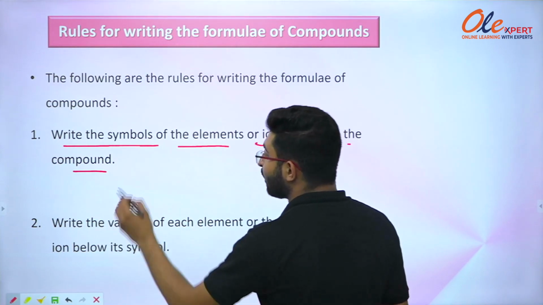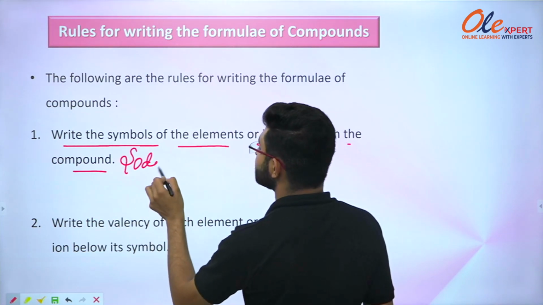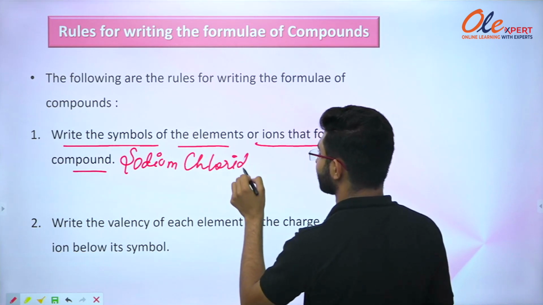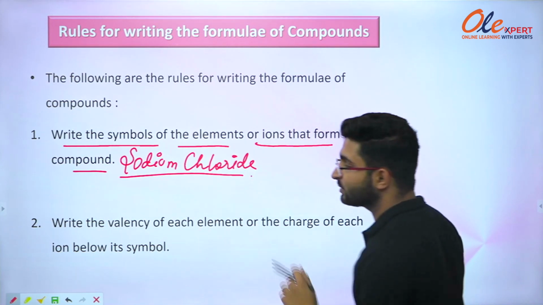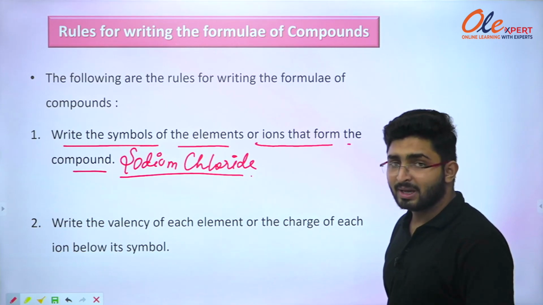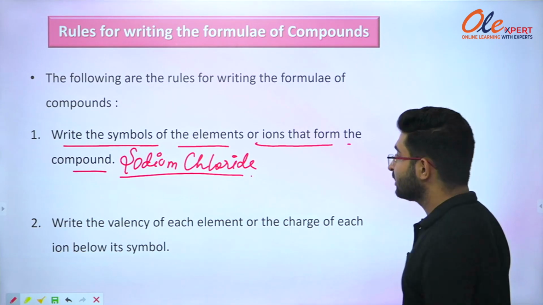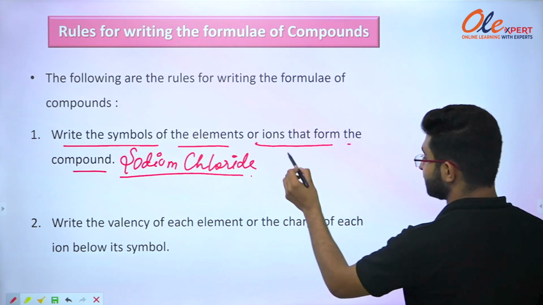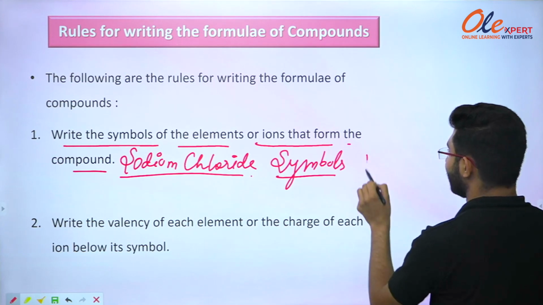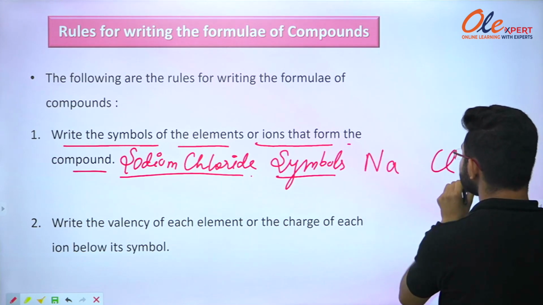I am taking the compound sodium chloride. What is the composition of sodium chloride? We know there is an atom of sodium as well as an atom of chlorine. So you have to write the symbols first. I am writing down the symbols Na and Cl.